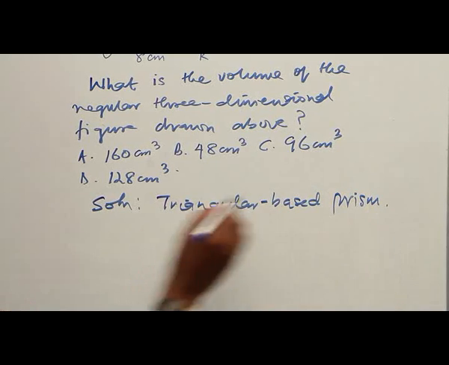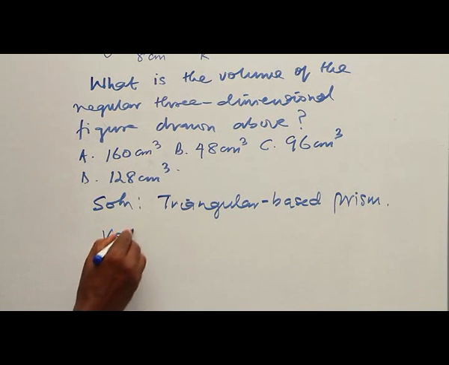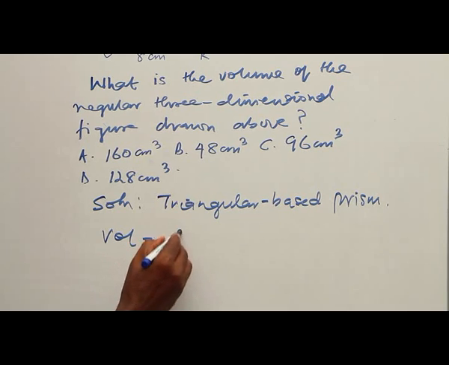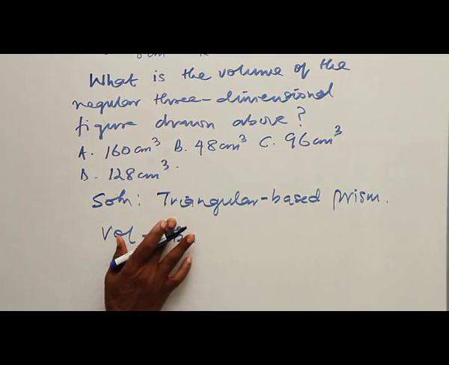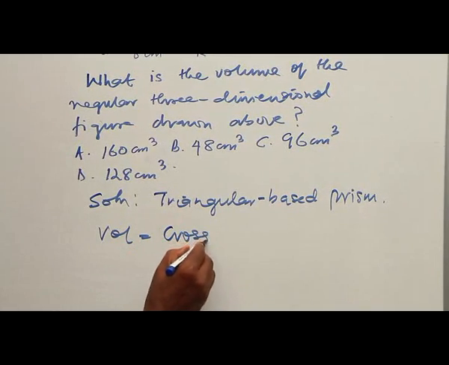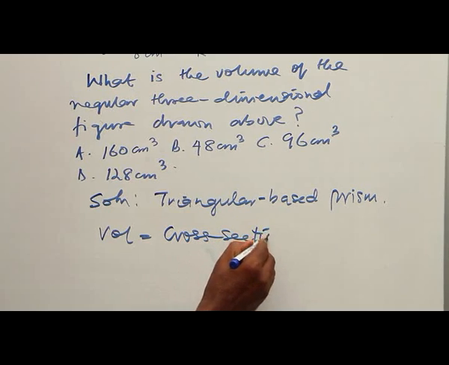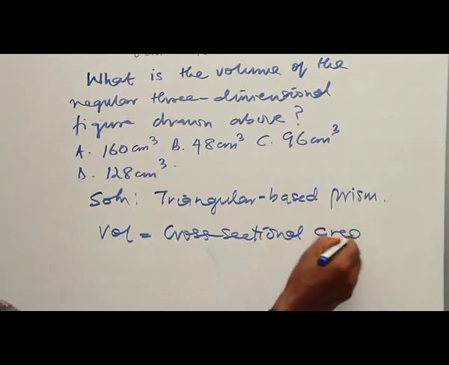Now that we know what the solid is, to find the volume, we have the base area, or the cross-sectional area. So let's use the word cross-sectional instead of base. We have the cross-sectional area.